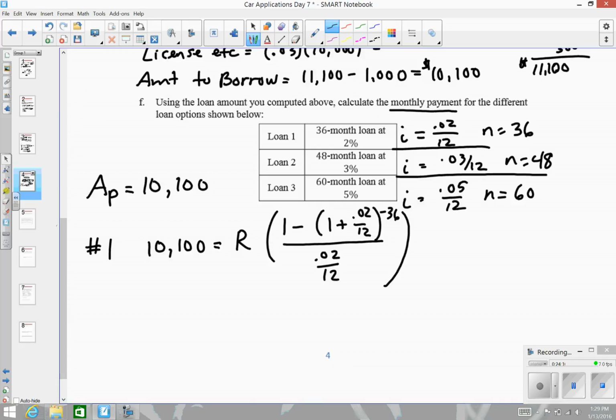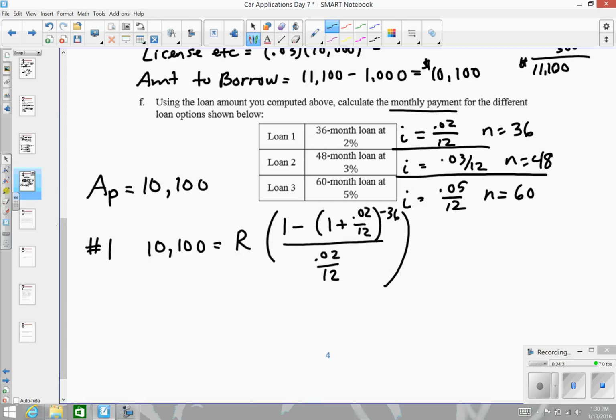I would recommend that you first put in your calculators in parentheses 1 plus parentheses 0.02 divided by 12. Close your 2 parentheses and then raise that to the negative 36 power. Then take 1 and subtract that answer, and then take that answer and divide by, in parentheses, 0.02 divided by 12.